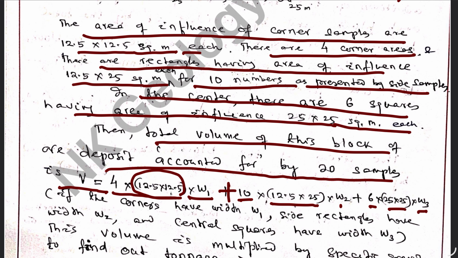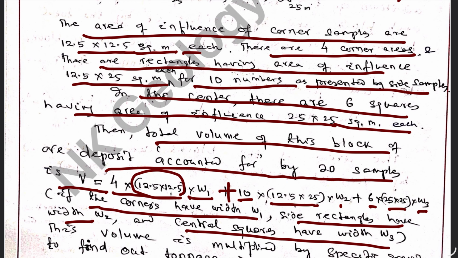It gives the total volume. So if the corners have the width W1, side rectangles have the width W2 and the center squares have the width W3, then this is the value of V.